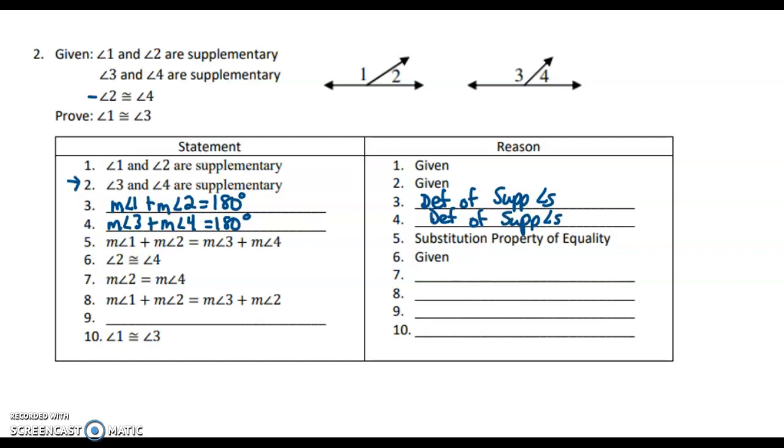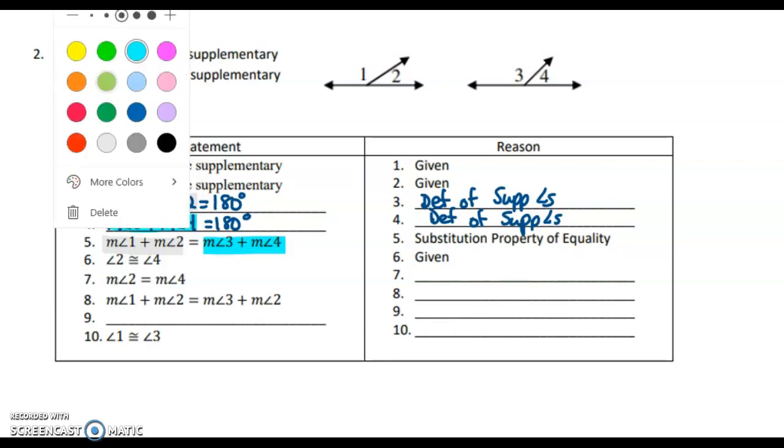Okay, line 5 says we're using substitution. So look at where this came from. First of all, on line 5, we have angle 1 plus angle 2. We saw that on line 3. We also have angle 3 plus angle 4. And here's where we see that on line 4.